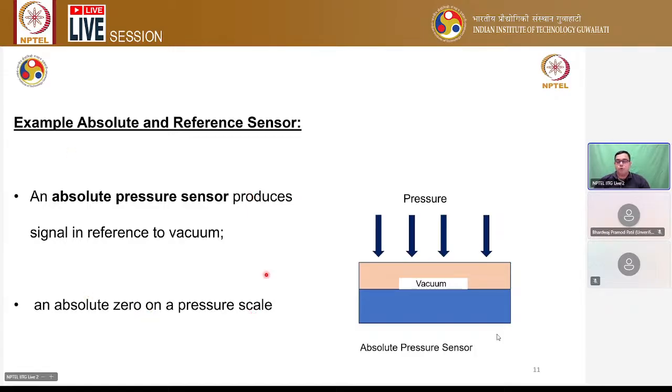So you are measuring pressure with respect to vacuum. This vacuum is not changing with the surroundings. If you put this in any vacuum condition, it will always be vacuum. So the absolute pressure sensor produces the output with respect to the vacuum.